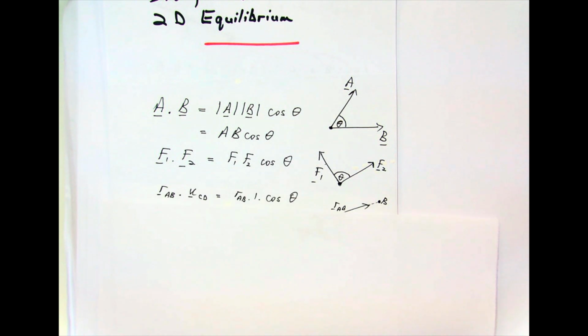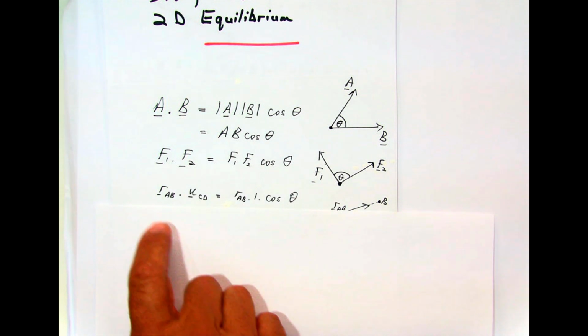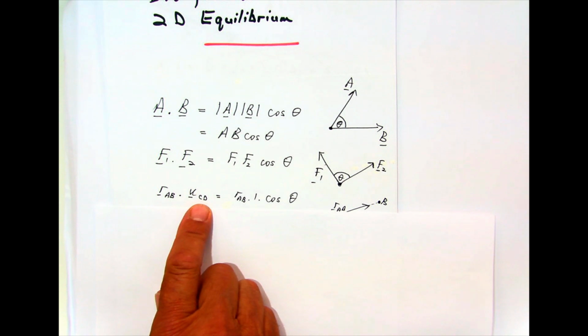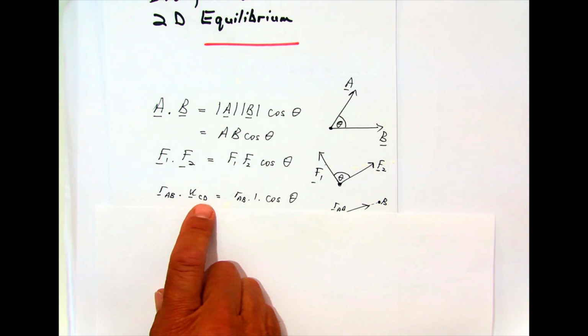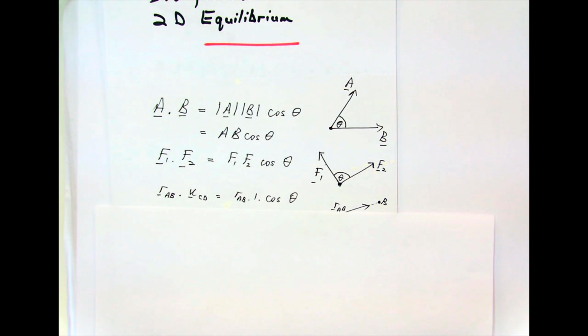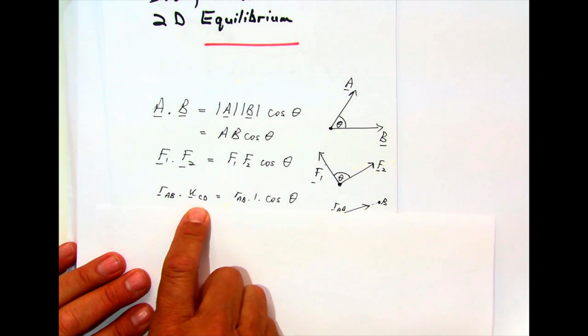But you can also use something like this. Let's say a position vector and a unit vector. Because these vectors can be anything. They don't have to be the same. They don't both have to be forces, or both have to be position vectors. They can be different.